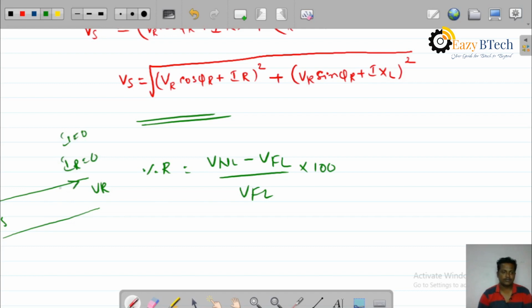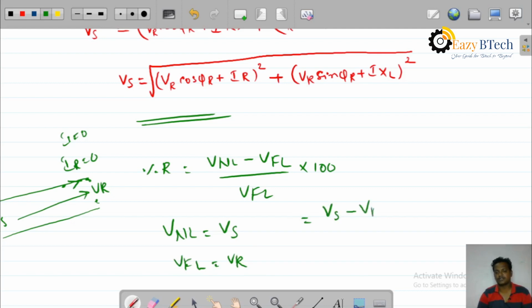Therefore, if it is open circuited, the voltage between these two is nothing but Vs. Therefore, for a short transmission line, V no load equals sending end voltage, V full load equals receiving end voltage. Therefore, this formula becomes (Vs minus Vr) by Vr into 100 for short transmission lines. Okay, this is the formula for percentage regulation.